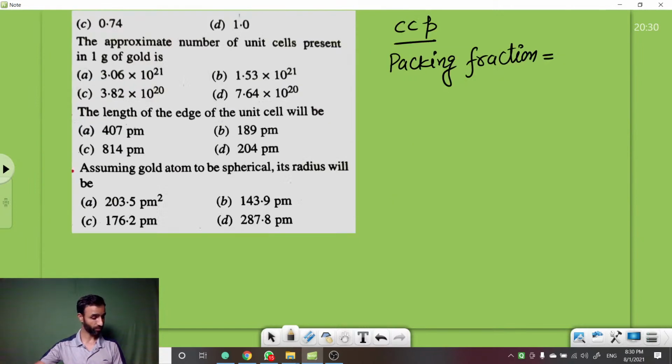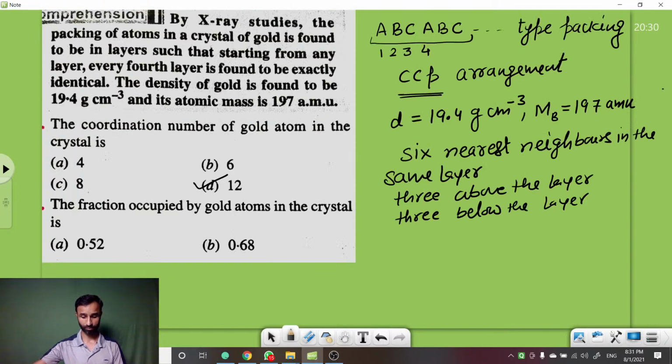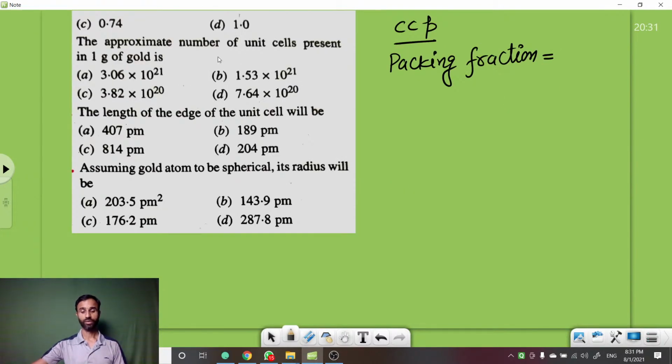So what is its packing efficiency? Do it fast. Fraction occupied by the atoms means packing fraction. So what is the packing fraction for CCP? I'm waiting for your response.